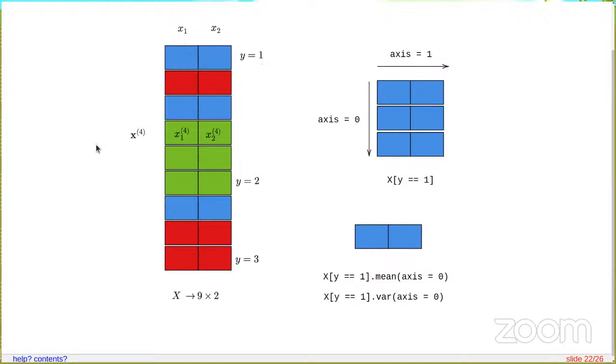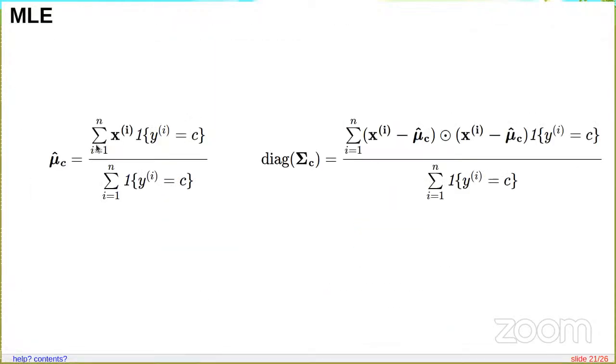Now what we want to do, if you go back to the formula, is the first thing: we need to extract all the points from the training data set that have a particular label.